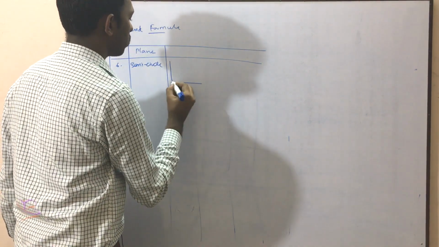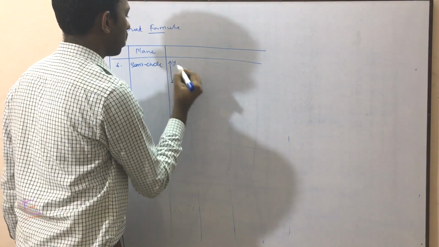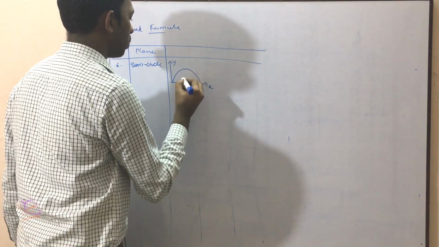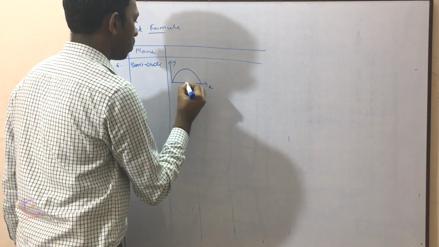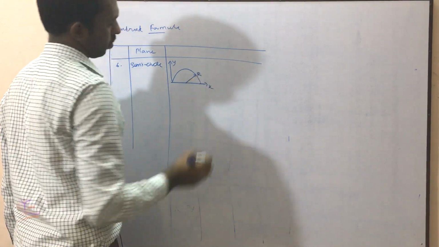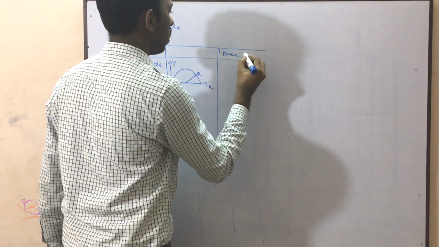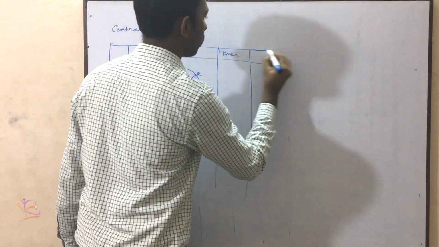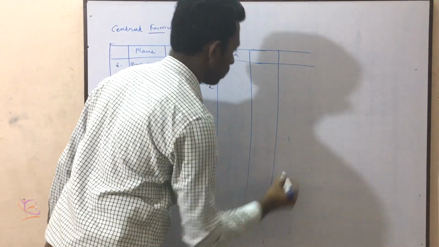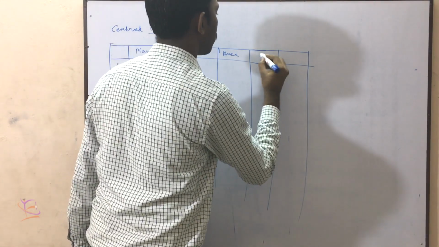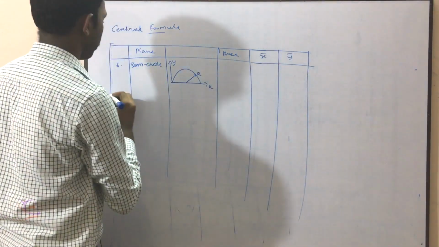So we can see that it's a semicircle with radius r. We need the area formula, and x bar and y bar, the centroid points.